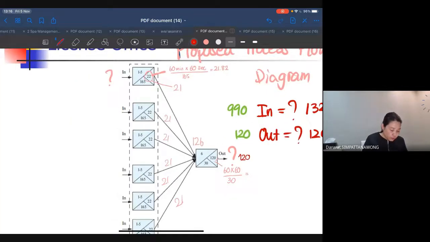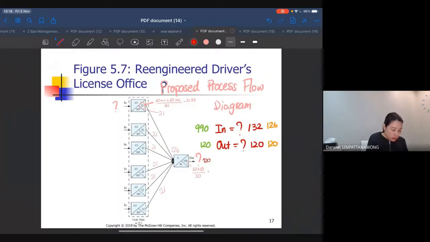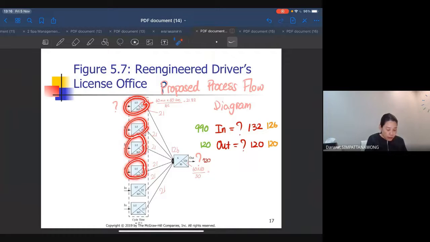These 6 persons work at the same time, processing 126 applications as input for the last stage of the service, but this person can provide the maximum capacity of up to 120 applications only.